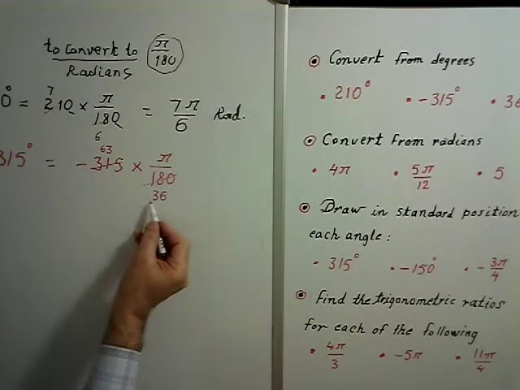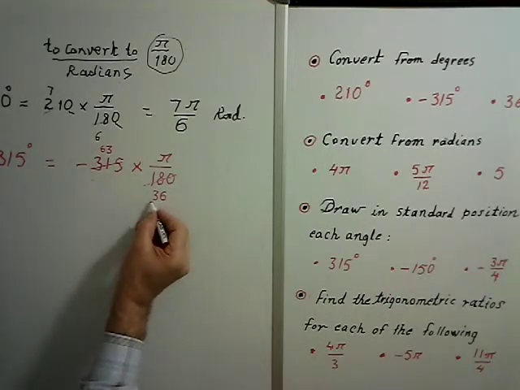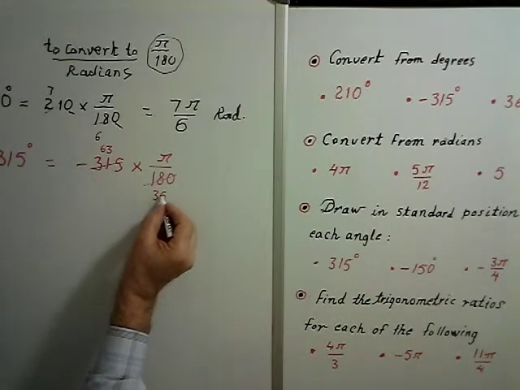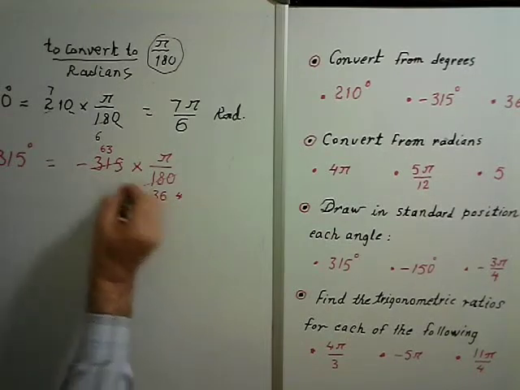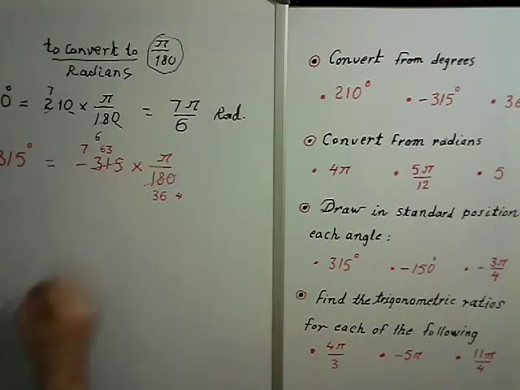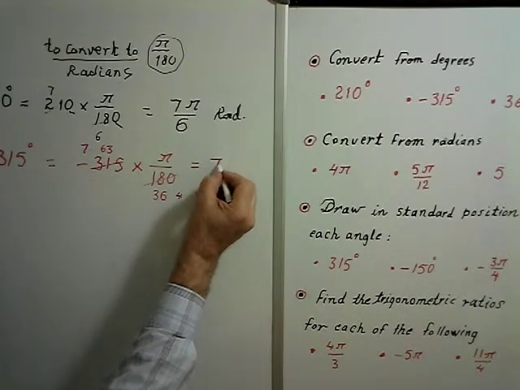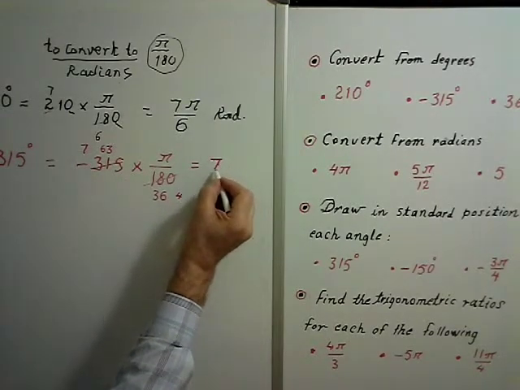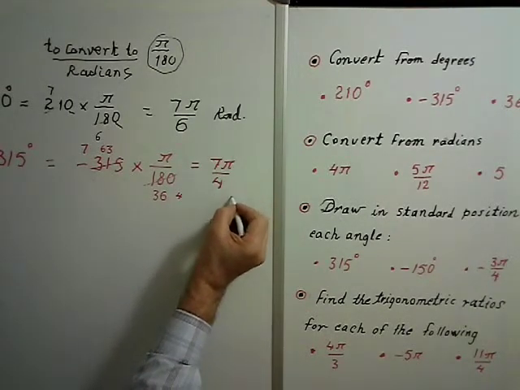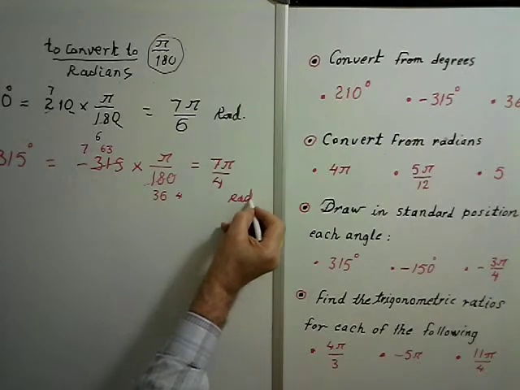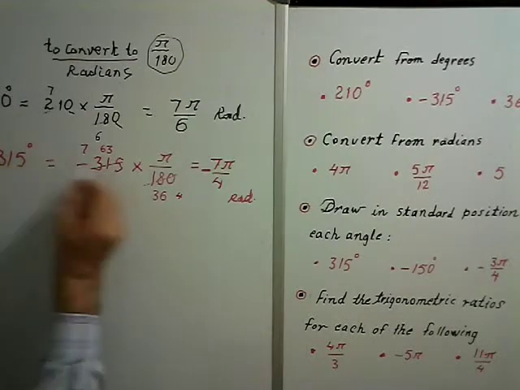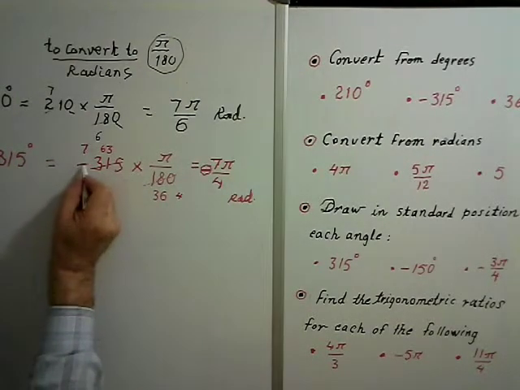Again, we can divide here by 9, the common factor. Here on 9 it will give you 4, and here on 9 will give you 7. So it will be 7 pi over 4 radians. And negative, don't forget the sign, which is the same sign here. Okay?